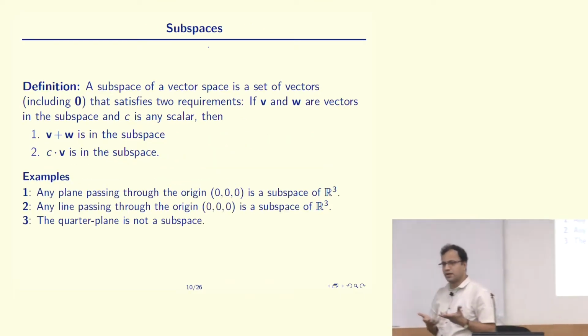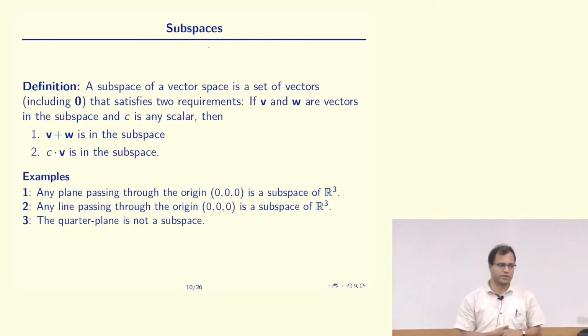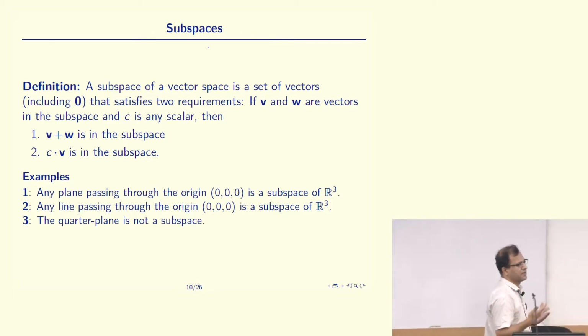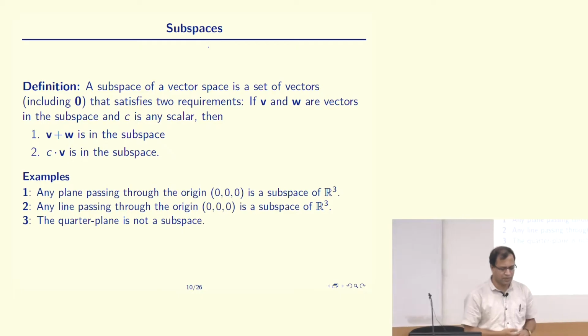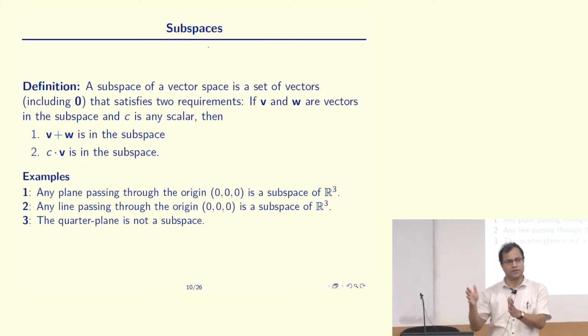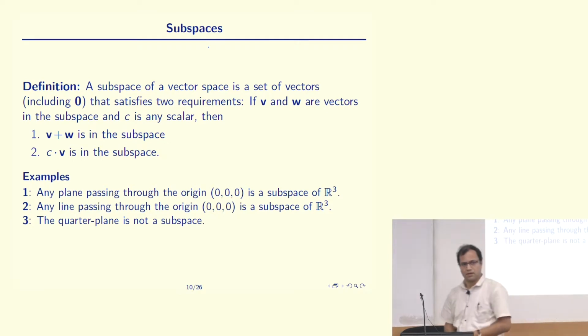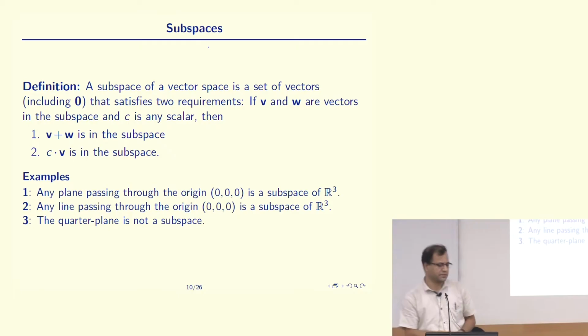Our goal is to understand different subspaces of a vector space. Vaguely, you can think of a subspace as a subset of a vector space which is again a vector space, so it will again satisfy the properties of a vector space.